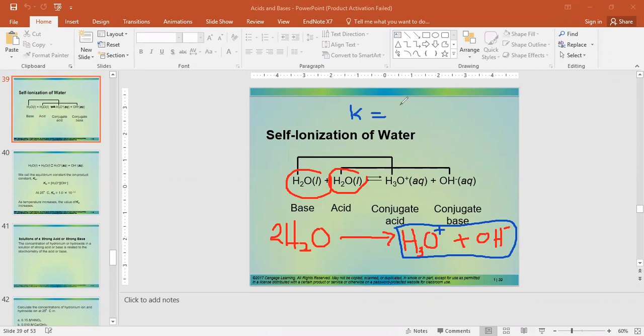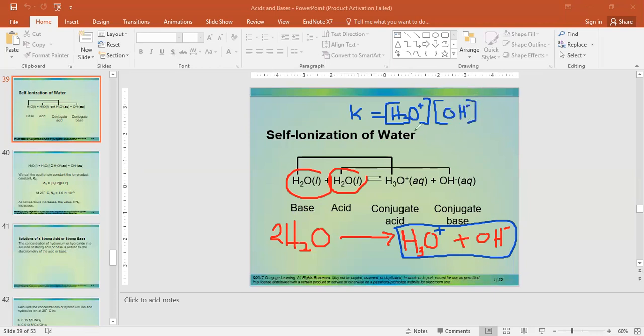So this is equal to, I put a square bracket. This square bracket means the concentration. So I put the hydronium ion. Then I multiply by the concentration of the other product, which is the hydroxyl ion.